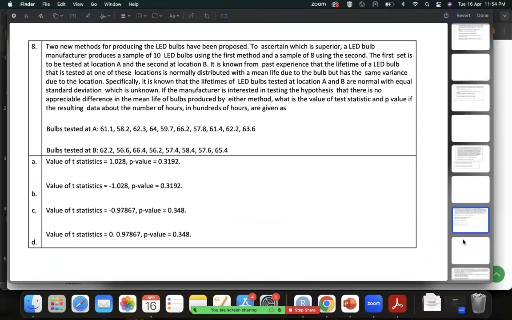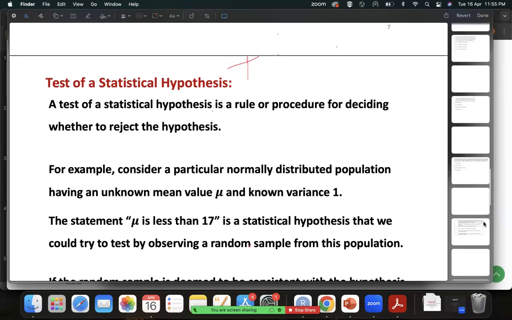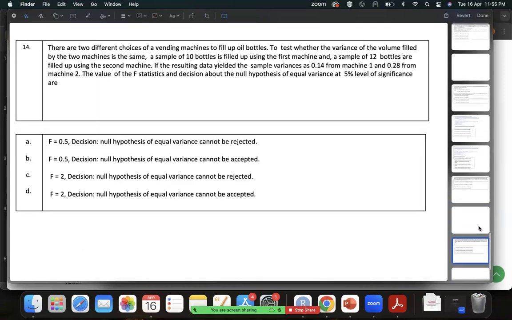Question number 8. I think this is the exact same question, but let's see. The populations are normal with equal standard deviation, which is unknown. So here they have mentioned a line about the standard deviation.